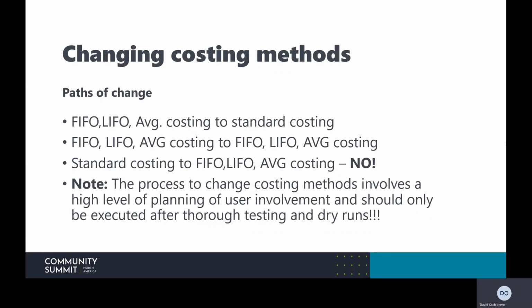On the slide, you can see we're going to go over FIFO, LIFO, average costing to standard costing, and FIFO, LIFO to another FIFO, LIFO, average costing. That third bullet point we'll get to later, but we cannot go from standard costing to FIFO, LIFO, or average costing. So there's a different method to do it, but we'll get to it later.